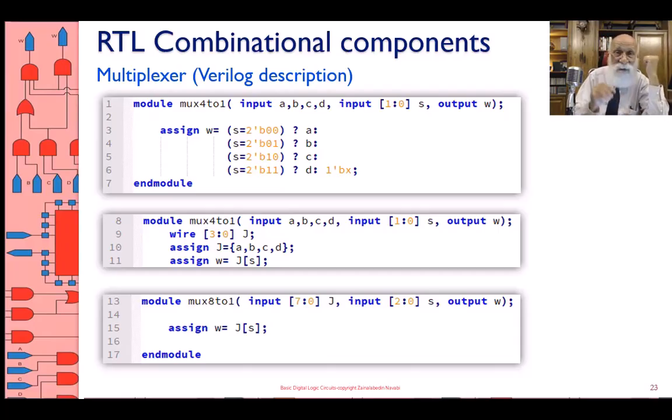If S is 2'b00, that means 2 bits, binary 00, or I could say 2'd0, decimal 0, or I could just simply say 0, 1, 2, 3. I could do that. With Verilog, be very specific.